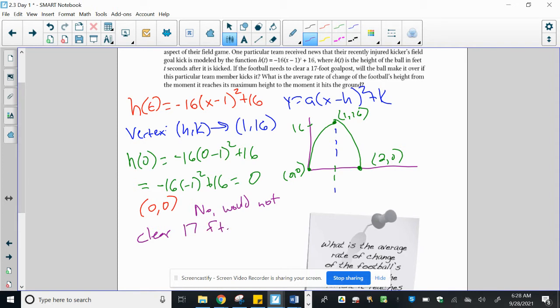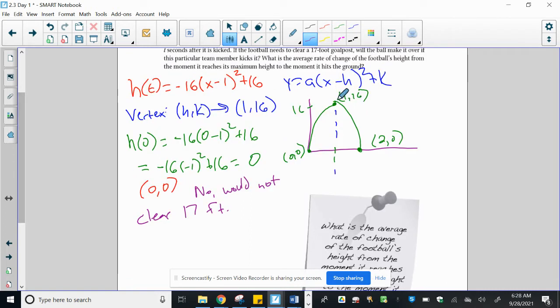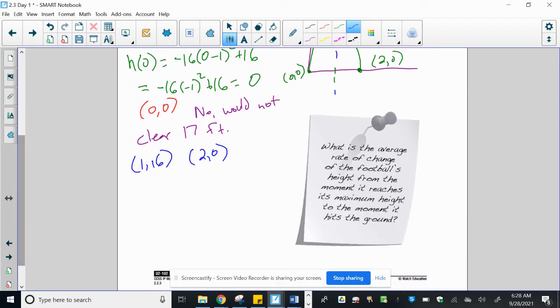And then it said, what is the average rate of change of the football's height from the moment it reaches its max height to the moment it hits the ground? Well, that would be from the vertex of 1 comma 16 to when it hits the ground at 2 comma 0. So it's really saying find the rate of change between these 2 points. Okay, so these are x's and y's.